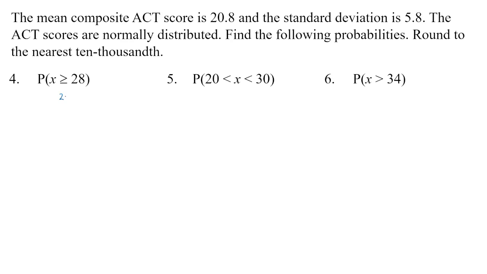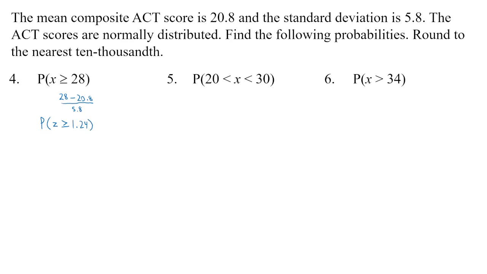You do 28 minus 20.8 divided by 5.8. So if we do that, the z-score will be 1.24.